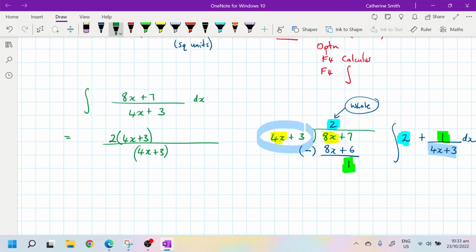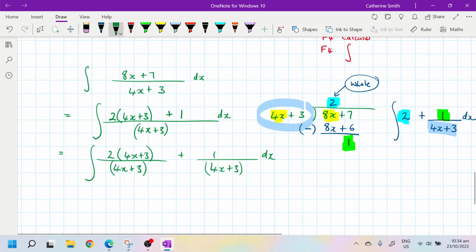We're getting a plus 6, we want a plus 7, we need to add one more. And so our answer is going to be 2 times 4x plus 3 over 4x plus 3, plus 1 over 4x plus 3, and that is what we are integrating.